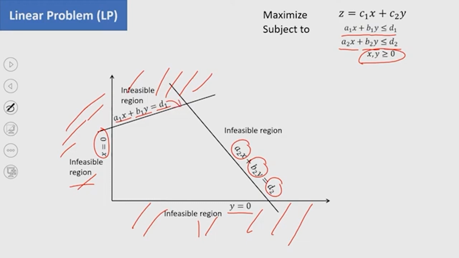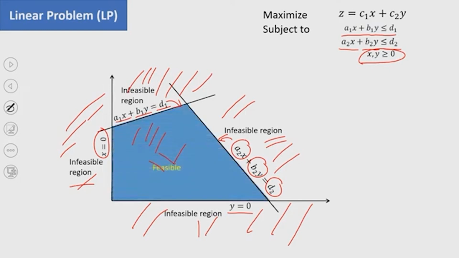This is the line a1 x + b1 y = d1, this side is where a1 x + b1 y is greater than d1, and this side is where it is less than d1. Similarly, this is the line a2 x + b2 y = d2, and this is the infeasible region, and this part is the feasible region.